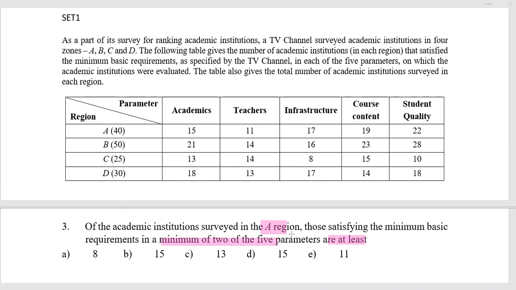We need to understand the logic of the question as best as possible. Here our target is region A. Other regions we need not think of. Only A I need to think of.